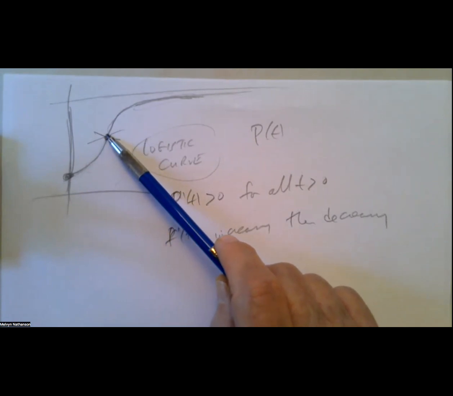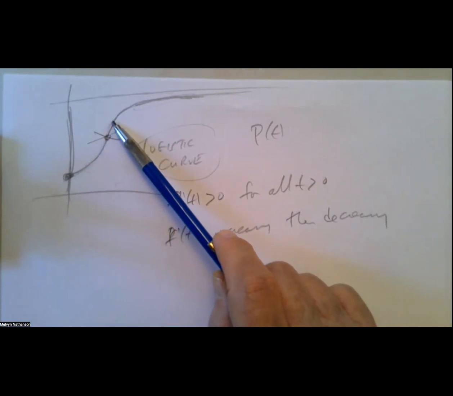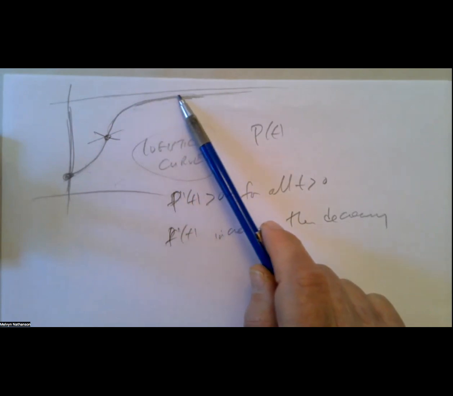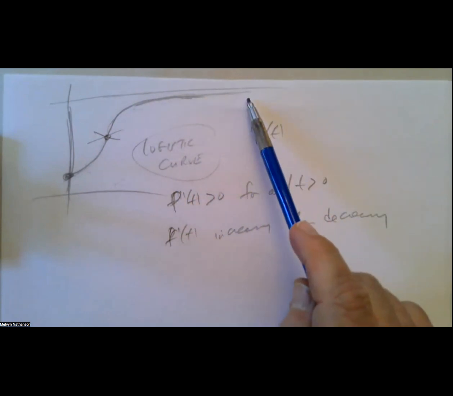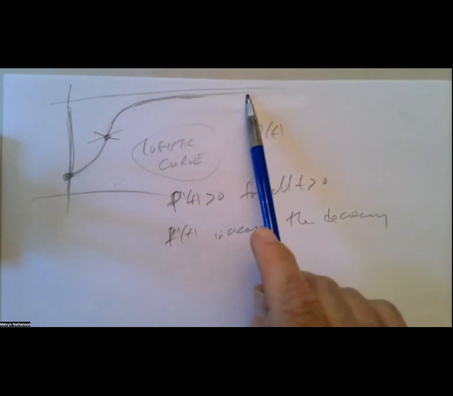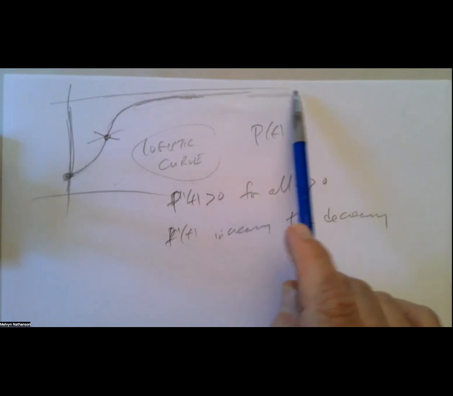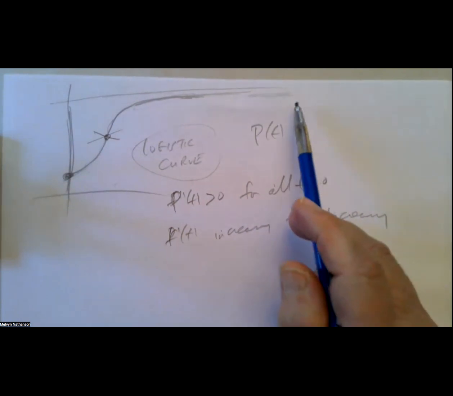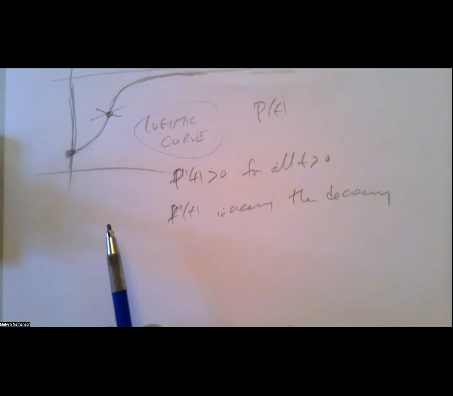And then the rate of increase is still positive, but it's decreasing. And eventually, it's not constant exactly, but it's almost constant. It's approaching asymptotically some limiting population. And this is a very, very important type of curve in applications.